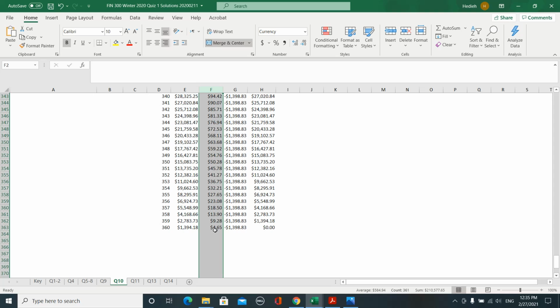And you see toward the end, your interest payment is only $4.65. And as you can see, in the last period, when you make your last payment, the ending balance on your debt will become completely zero in 360 periods or in 30 years.